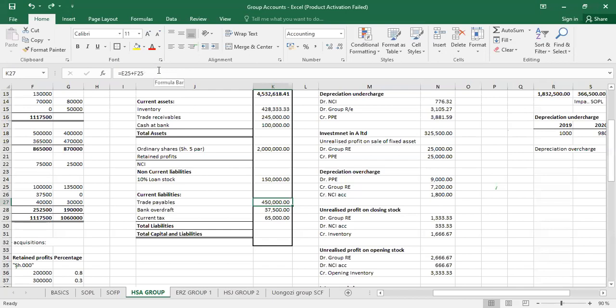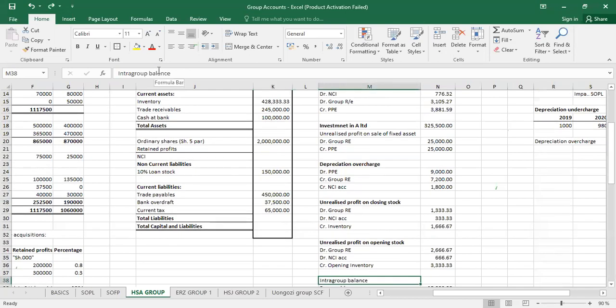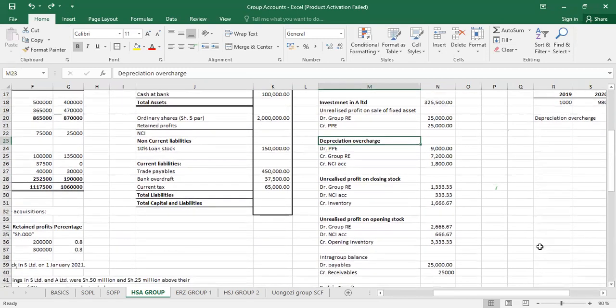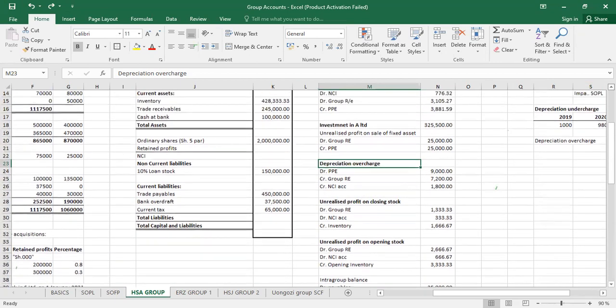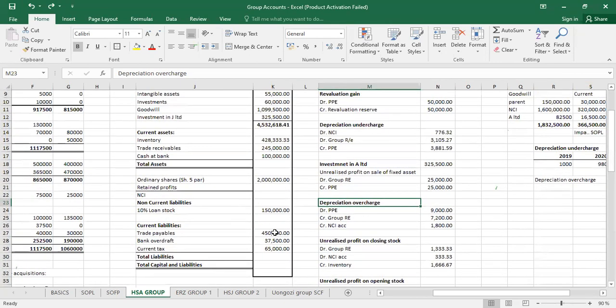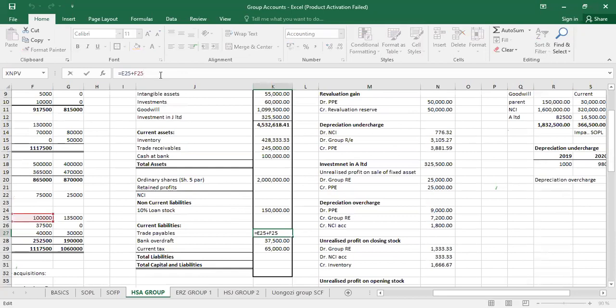So control Z. We are here at intergroup balances of 25, 25, isn't it? So payables are less 25. Trade payables here are minus 25.